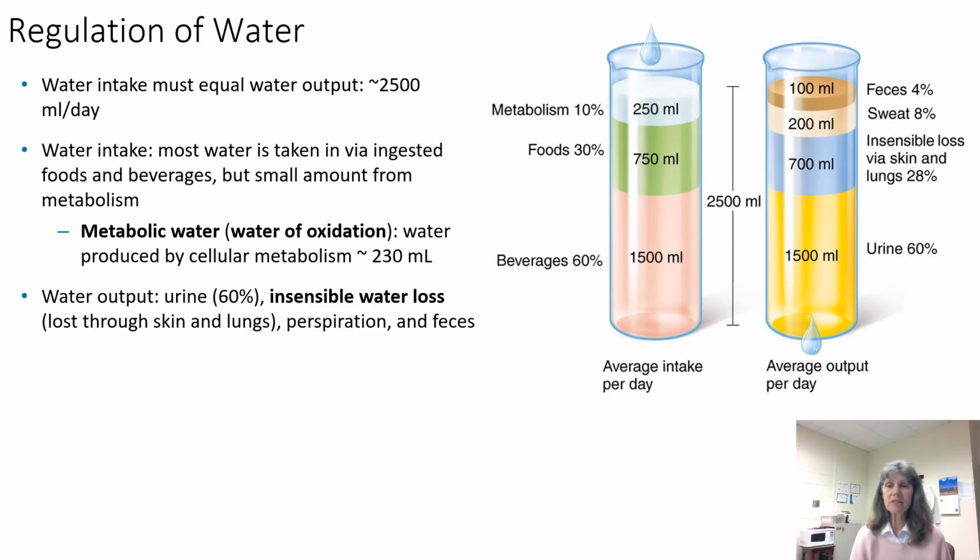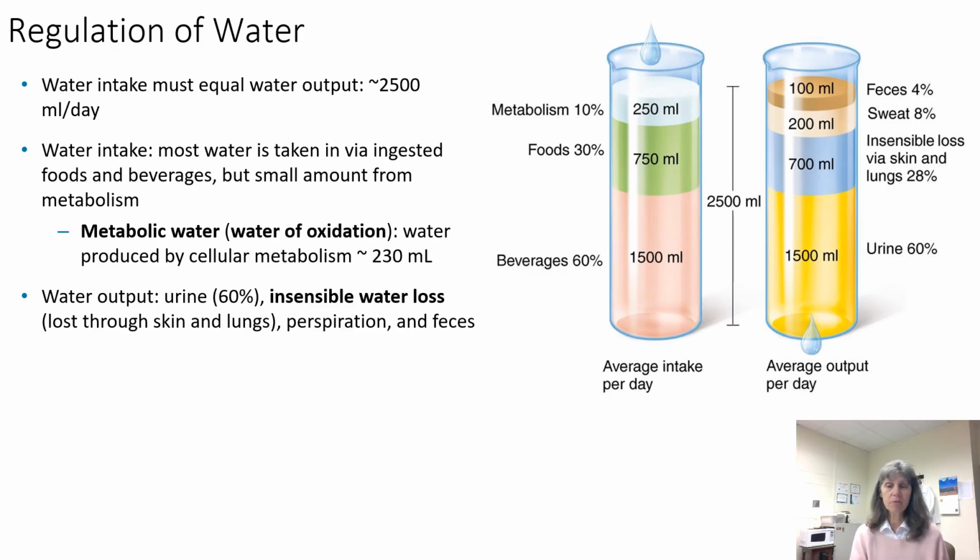So approximately 2.25 liters is ingested with food and beverage, and then the remaining 10% is going to be produced by what we call water of oxidation or metabolic water, where water is actually produced by cellular metabolism. So that's how we get water in our bodies, and then water leaves our body by predominantly urine.